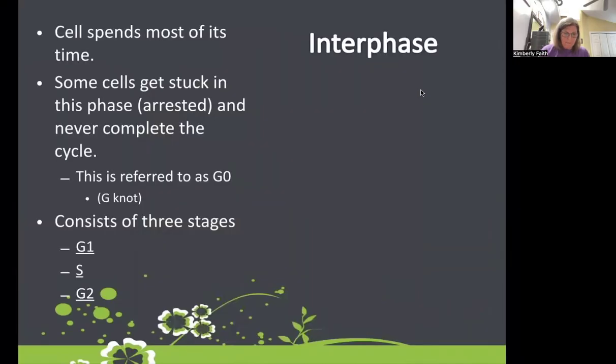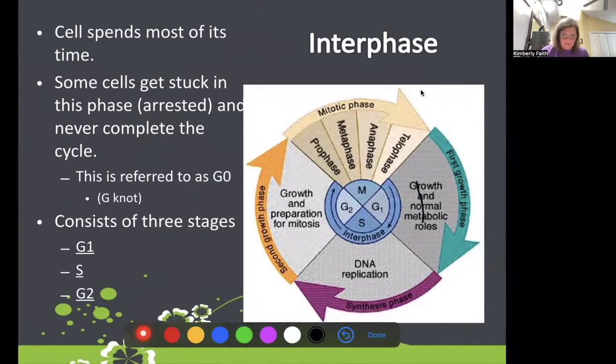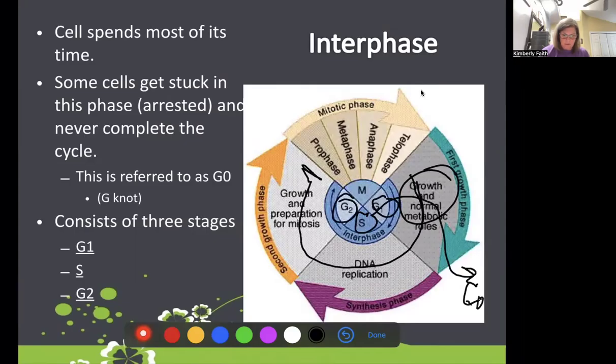The cell spends most of its time in interphase. Interphase is from here to here, so it includes growth one, S phase, and G2. You can see here G1, S, and G2. A lot of cells actually go out of the cell cycle into what's called G naught.